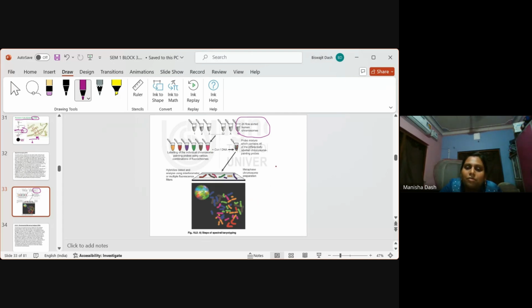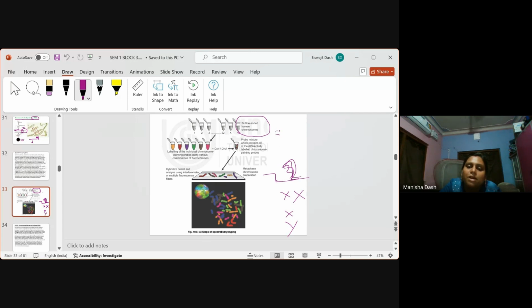We have 22 pairs of autosomes and one pair of sex chromosomes, that is either XX or XY. The sex chromosome is of two types, X and Y. So altogether there are 24 different types of chromosomes.